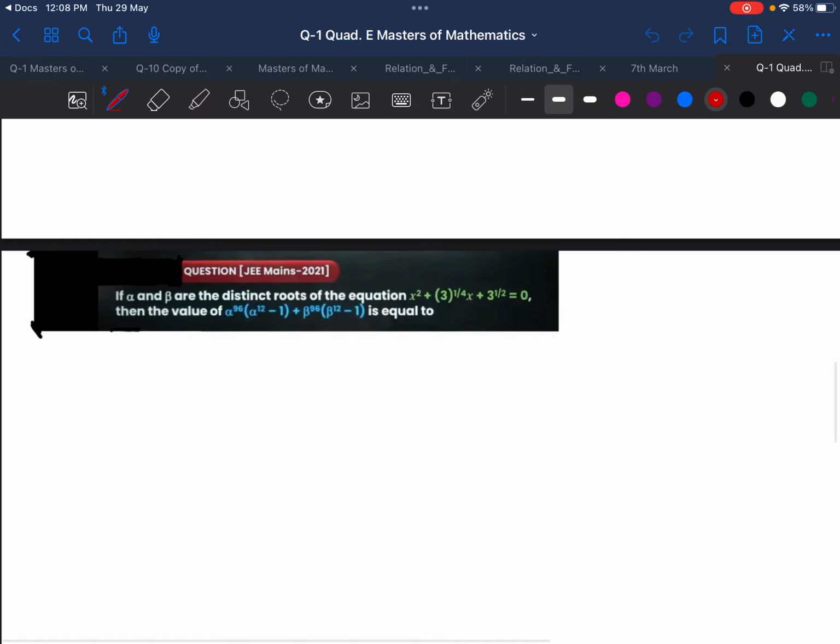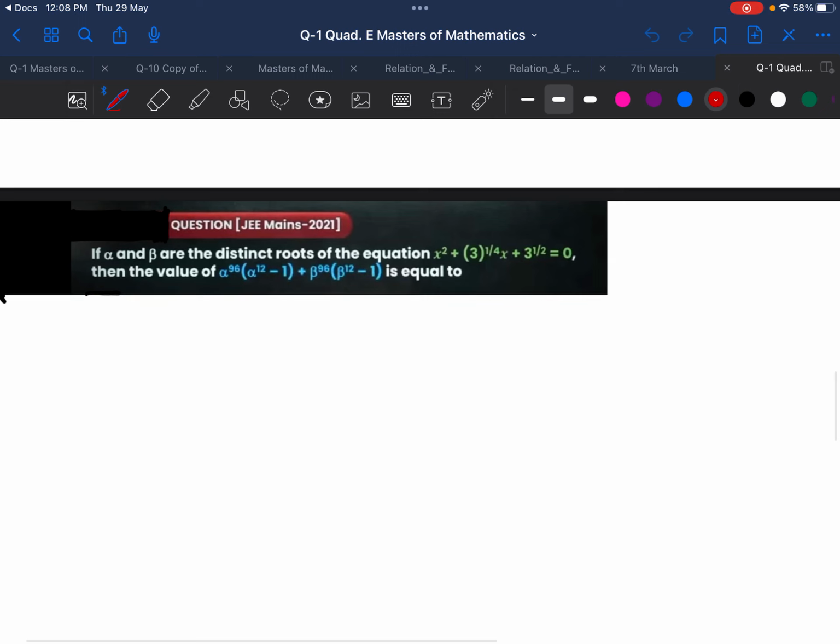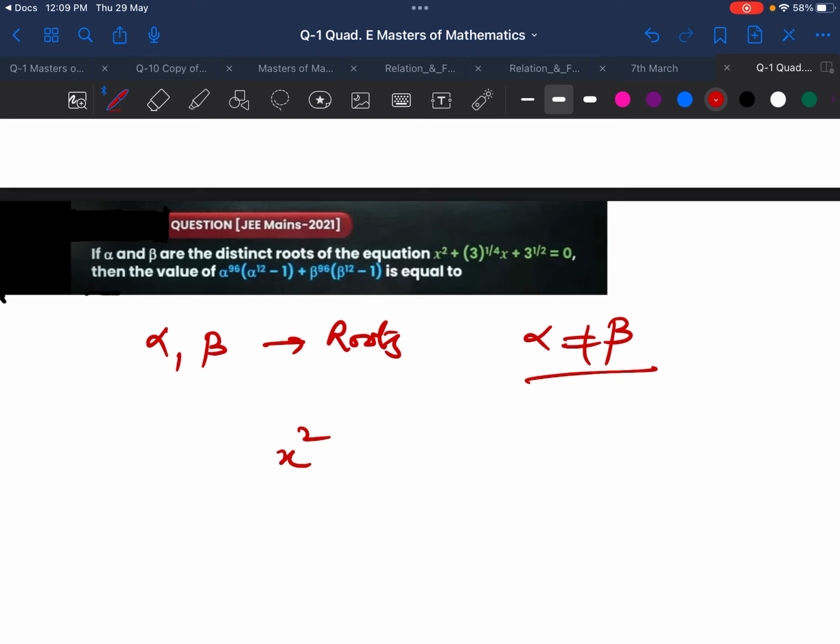This question has been asked in JEE Mains 2021, and it says, if alpha and beta are distinct roots, meaning alpha is not equal to beta, of the equation x square plus 3 raised to power 1 by 4 x plus 3 raised to power 1 by 2 equal to 0.